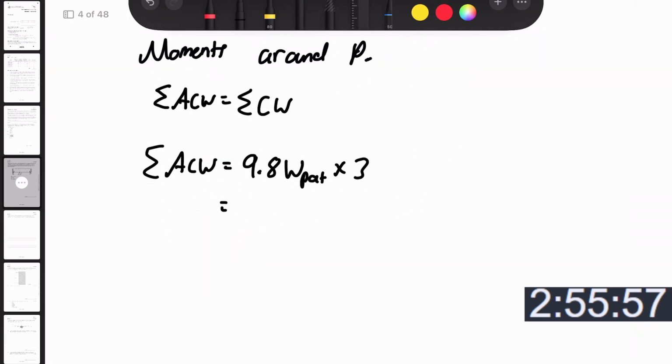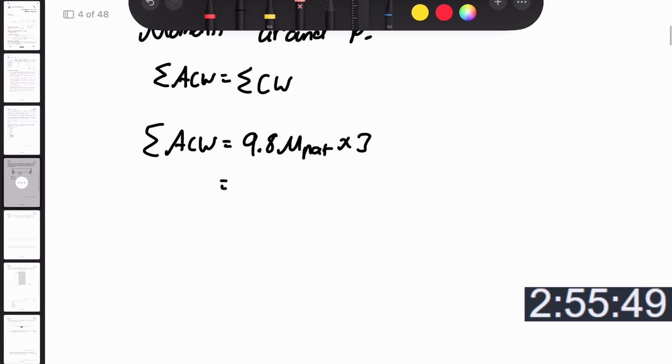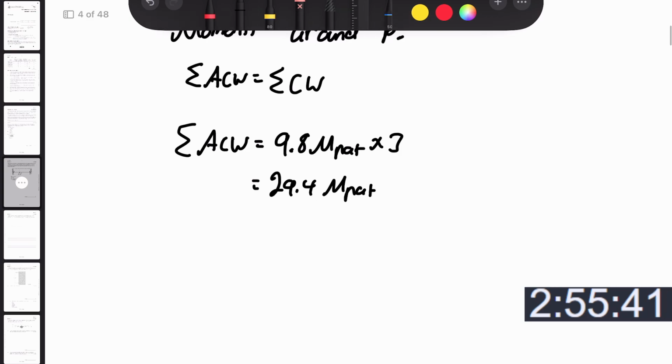Oh wait, I'm actually doing mass of Patrick, not weight. So this is mass of Patrick times 3, so 29.4 times the mass of Patrick. Okay, now our clockwise is going to equal 9.8.